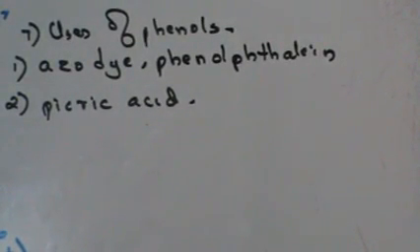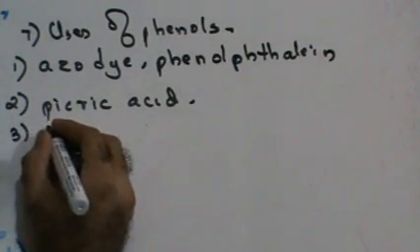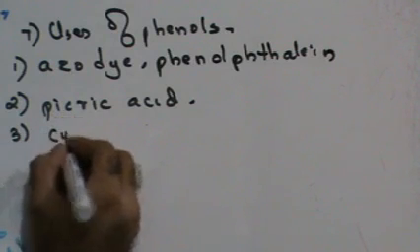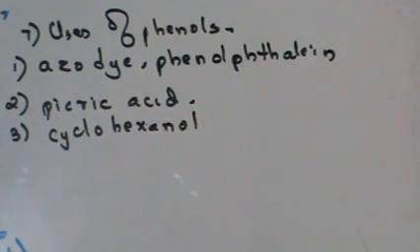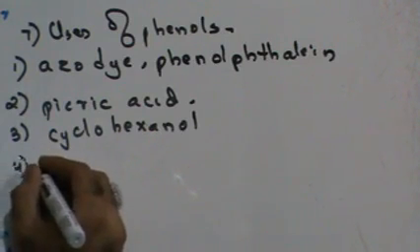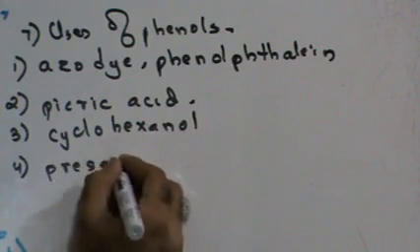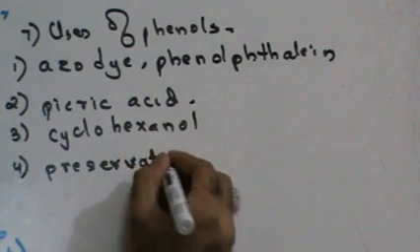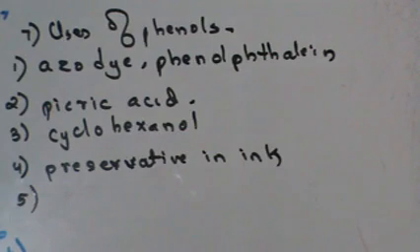All your bombs, they use picric acid. Then it is used for making cyclohexanol. What is cyclohexanol? It is a solvent which is used for rubbers and liquor. Then it is used as a preservative in ink, so that there is shelf life for ink.